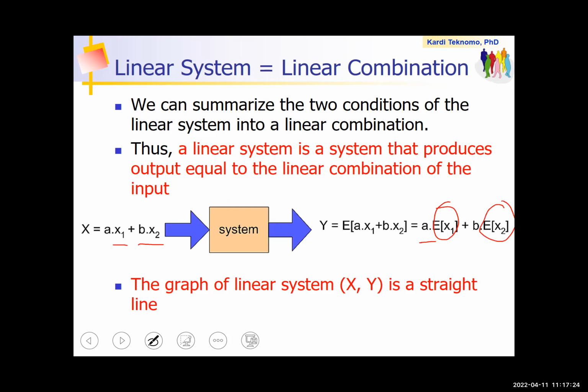So the two conditions of a linear system can be said to be a linear combination. A linear system is a system that produces output equal to the linear combination of the input. So the graph of this system is a straight line.